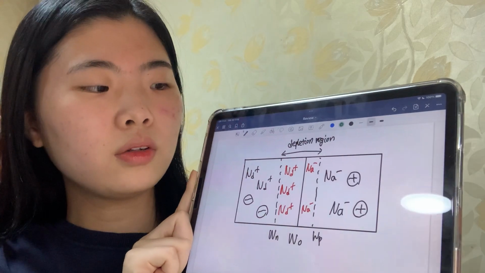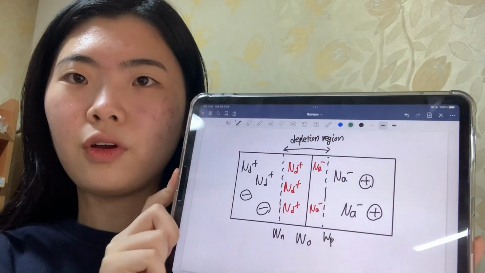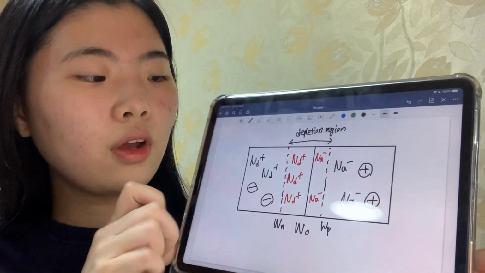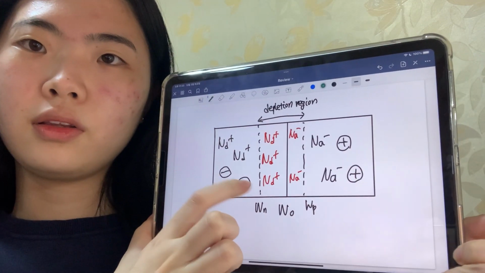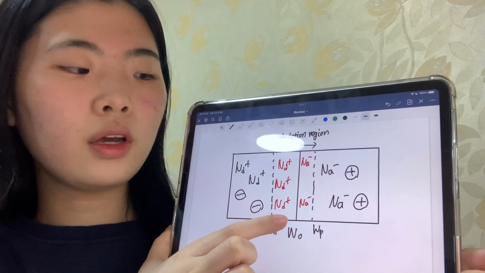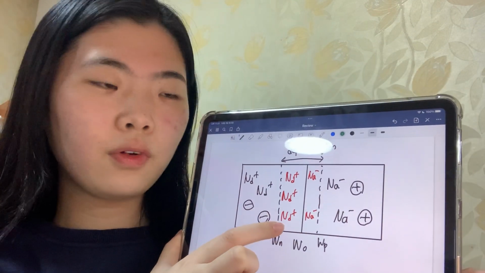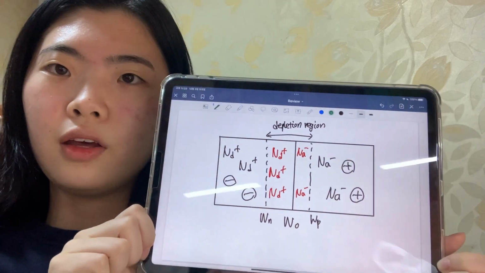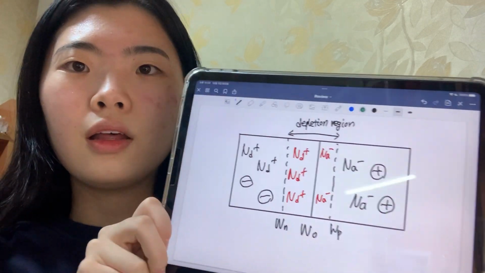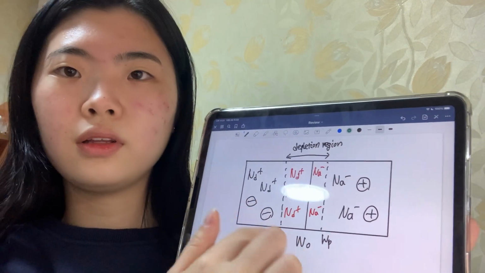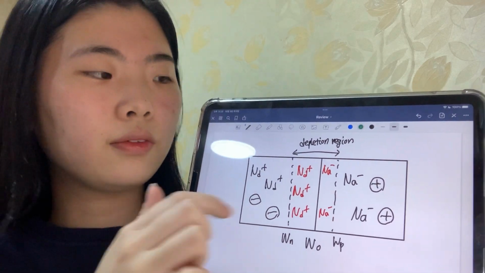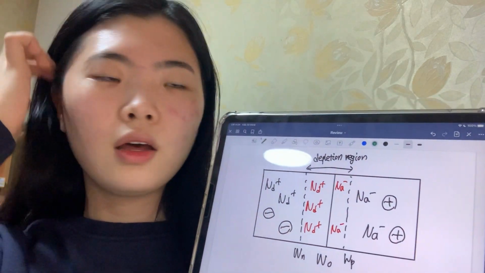Because of the different donor and acceptor concentrations, the depletion layer length is different on the left and right sides. You can see the difference, and we call this layer WN to WP. We call this region the depletion region.